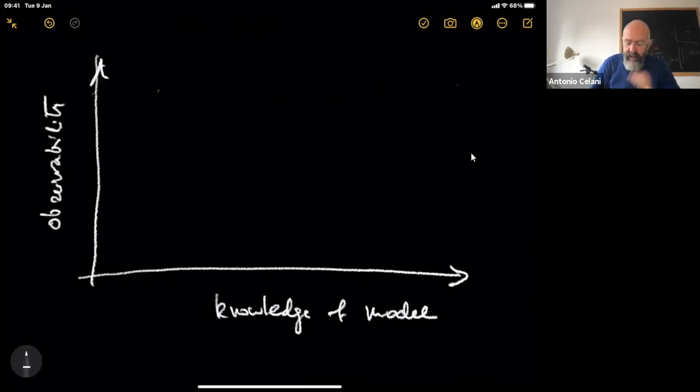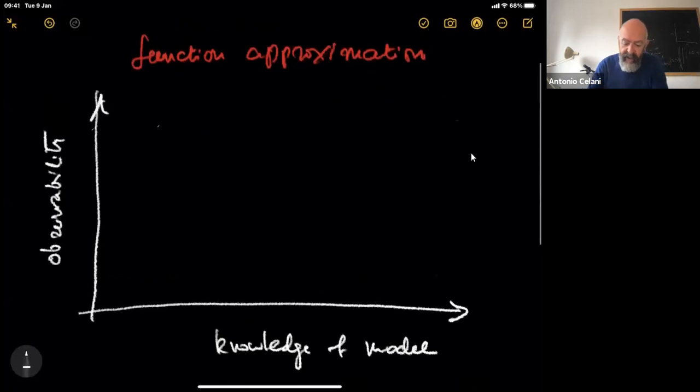Here we have the best situation that you can possibly have, the one of Markov decision processes, in which there are, for instance, finite states and actions. And then we know that by solving, by means of dynamic programming, the Bellman's equation, we can obtain optimal policies given that particular model. And then we've been discussing what happens here in the middle.